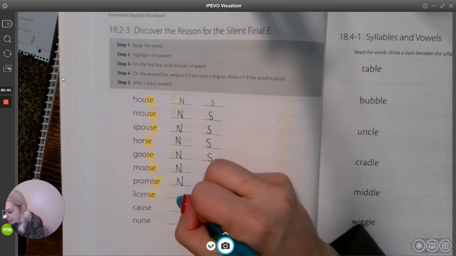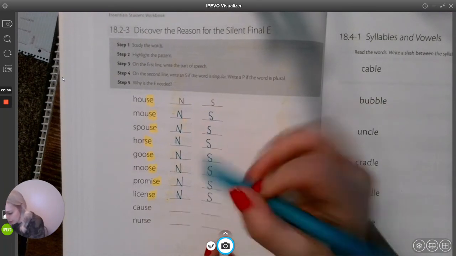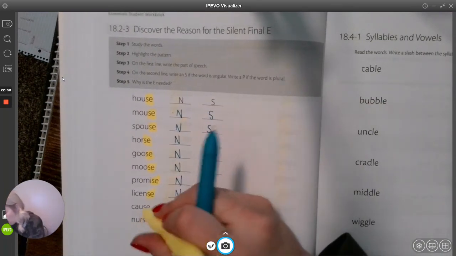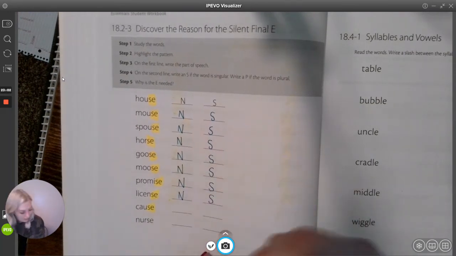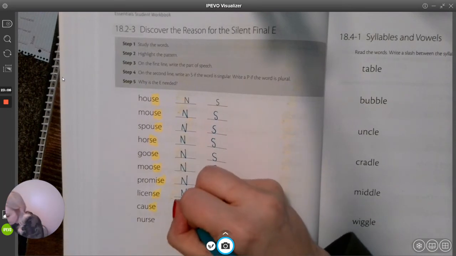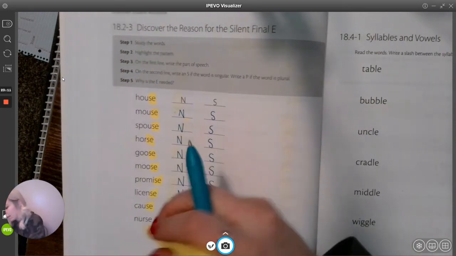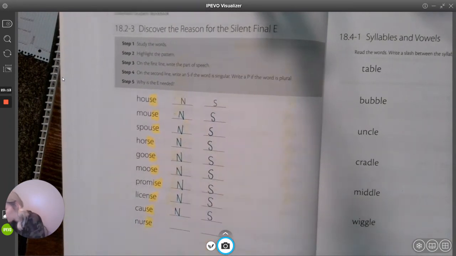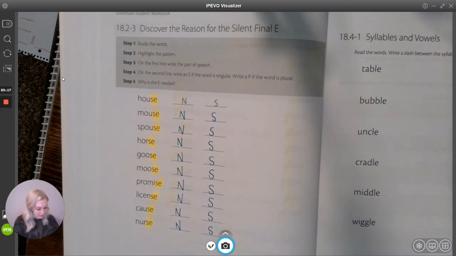It is a noun, like my driver's license, and that is singular. Cause, SE. That would be an idea, therefore it would fall under a noun, and it is singular. And a nurse, also a noun, and it is singular.